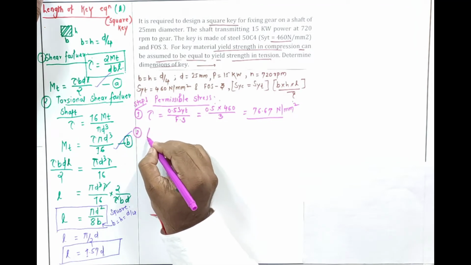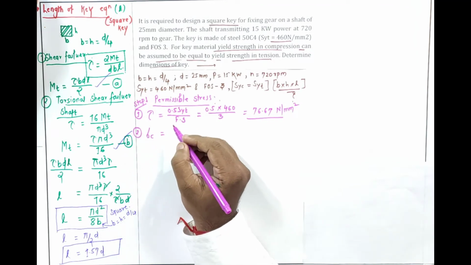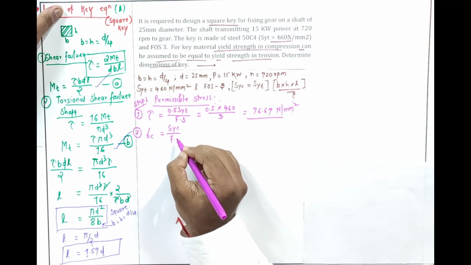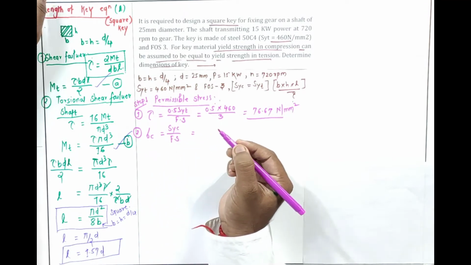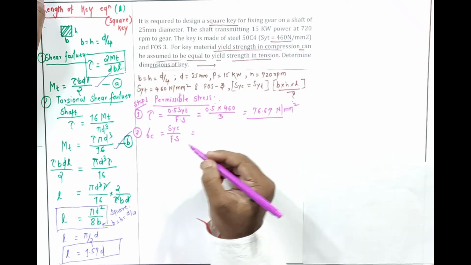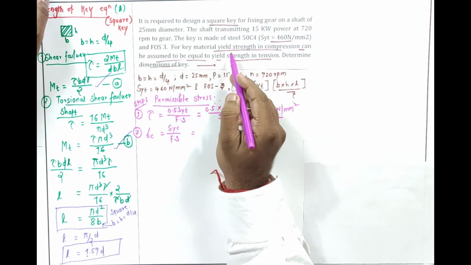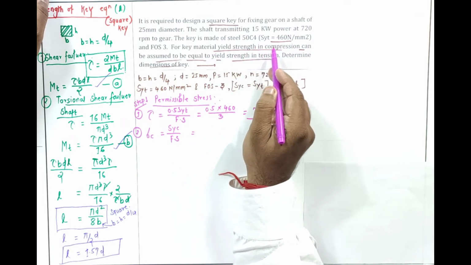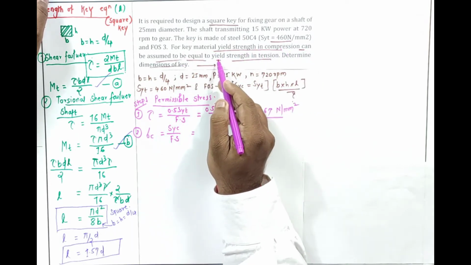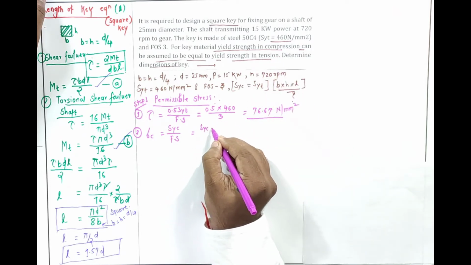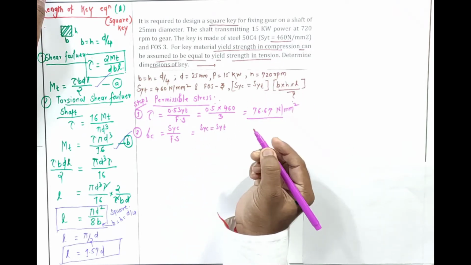Then second, crushing failure, which is SYC by factor of safety, that is, yield strength in compression divided by factor of safety. They have mentioned one condition: for key material, yield strength in compression can be assumed equal to yield strength in tension. So I can write SYC is equal to SYT.